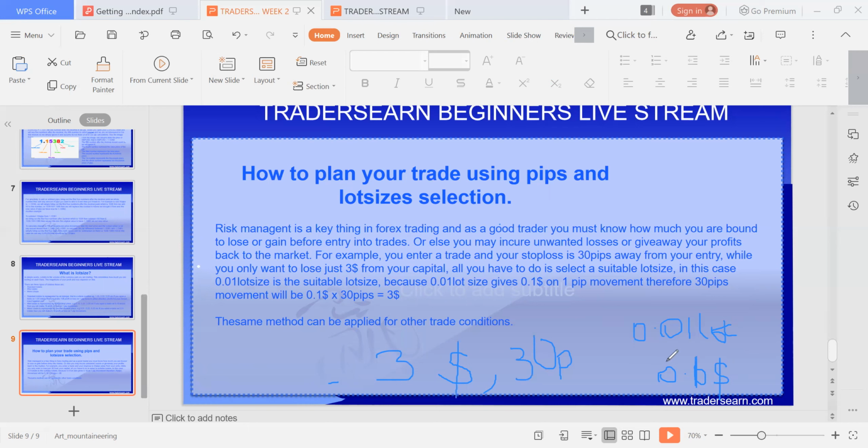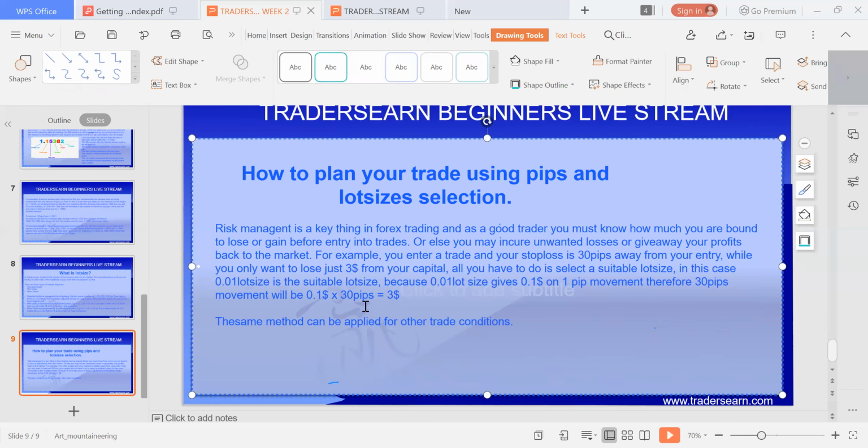If it goes against you by 1 pip and you use 0.01 lot size, you'll be losing $0.1. Now, if it goes against you by 30 pips, how much will you be losing? You just say 30 multiplied by 0.1. That's going to give you exactly the $3 you want to risk. So you will know that the right lot size to select is 0.01. If it is $6 you want to lose, then you already know you have to increase this to 0.02. You will do more of this when we get to risk management in the future.